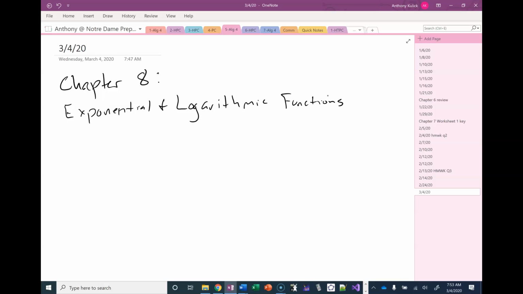And at the end of the chapter, we'll tie those two functions back together because they are quite related, and we'll go back and do some exponential stuff after we have the logarithmic tools that allow us to do some problems that we saw in the first half of the chapter in a little bit easier fashion. But that's how this chapter is going to play out from an organizational standpoint.